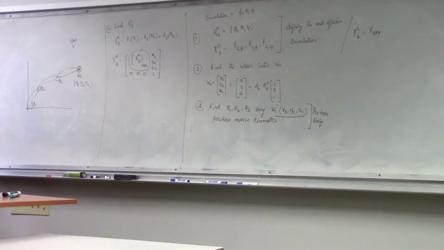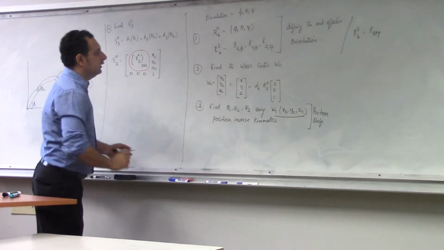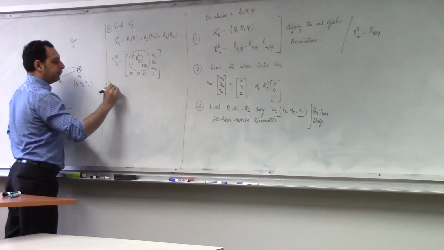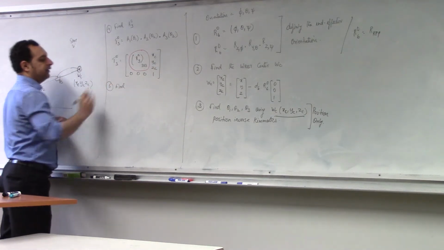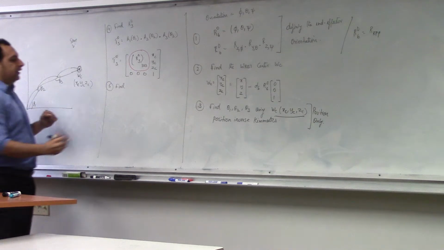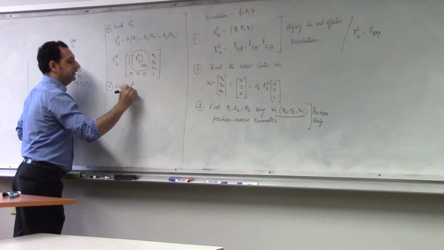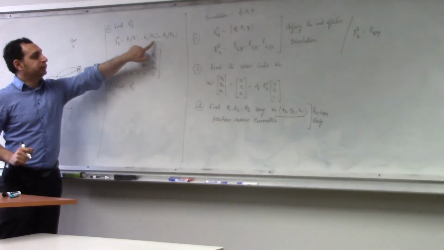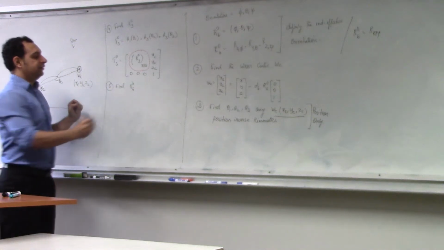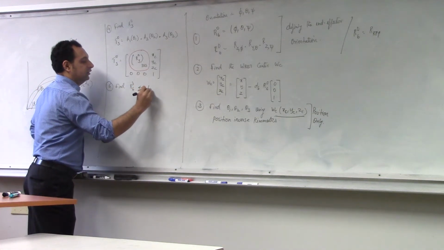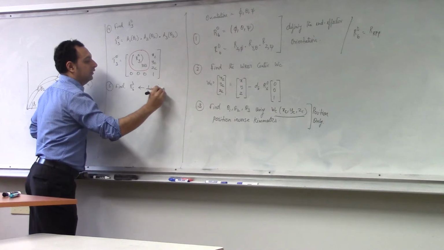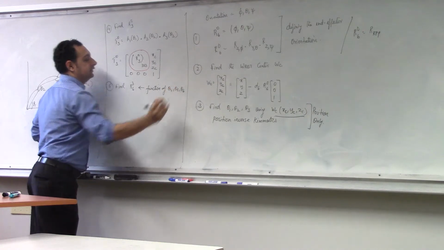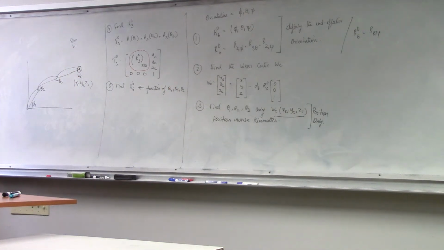Okay. So once we find R03, next is find R36, because R03 is a function of theta 1, theta 2, theta 3. R36 is a function of theta 4, theta 5, theta 6.